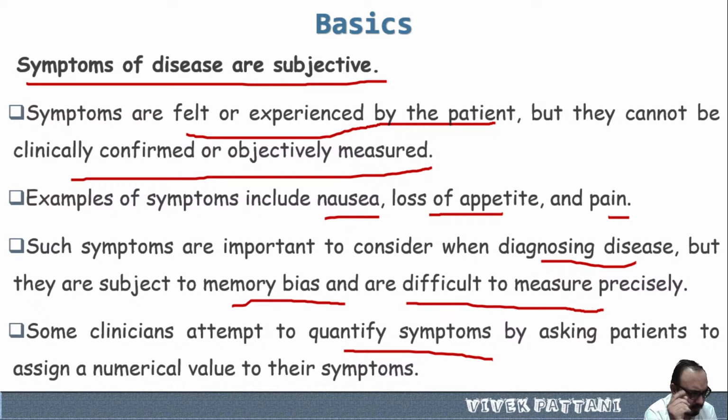And yes, signs of nausea can be identified. Nausea is a symptom, but its signs can be identified, like restlessness. It's like you do not feel well. You feel, I'm not feeling well, I'm feeling tired, or something like that.